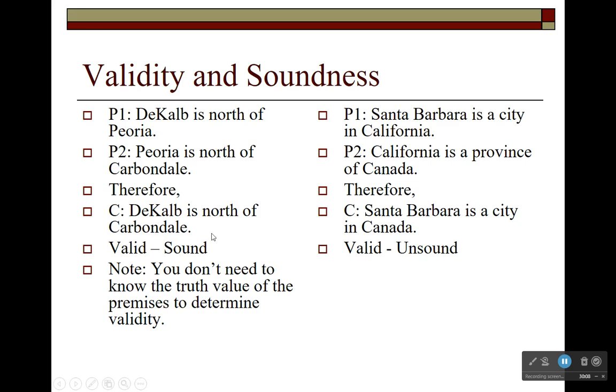If those premises were true, that conclusion would be necessarily true. Let me put the point in a slightly different way: if these premises were true, it would not be possible for this conclusion to be false. The truth of these premises would guarantee the truth of this conclusion. So that's correct reasoning. That is correct logical reasoning. That's correct logic.